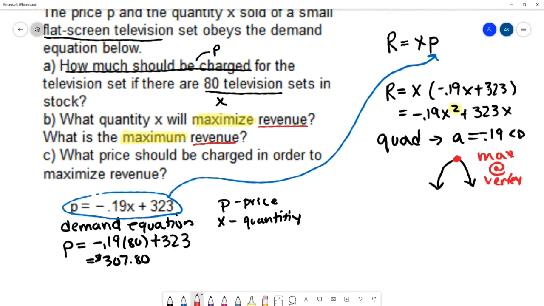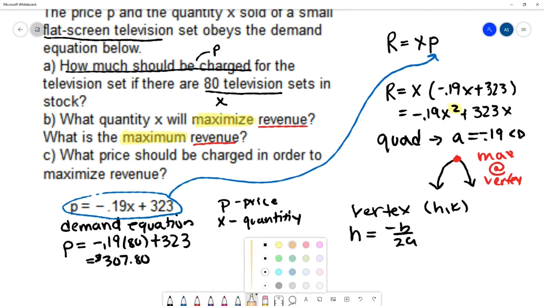We have a formula for finding the vertex. The vertex is going to be an ordered pair, h, k, and our formula for h is negative b over 2a. We already know that a is negative 0.19, and b is this 323.